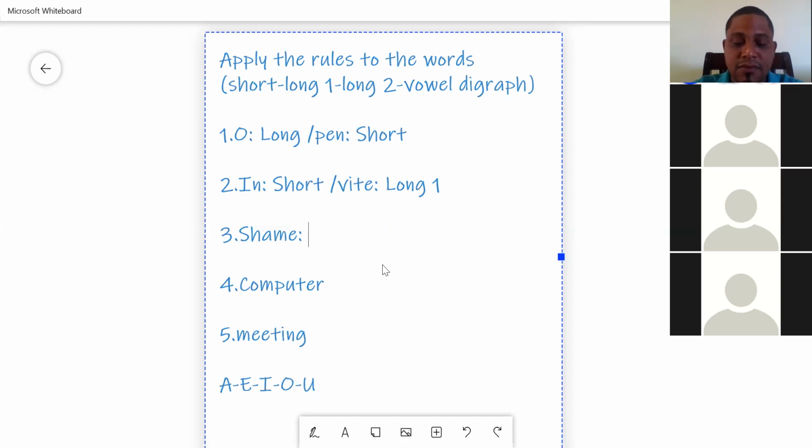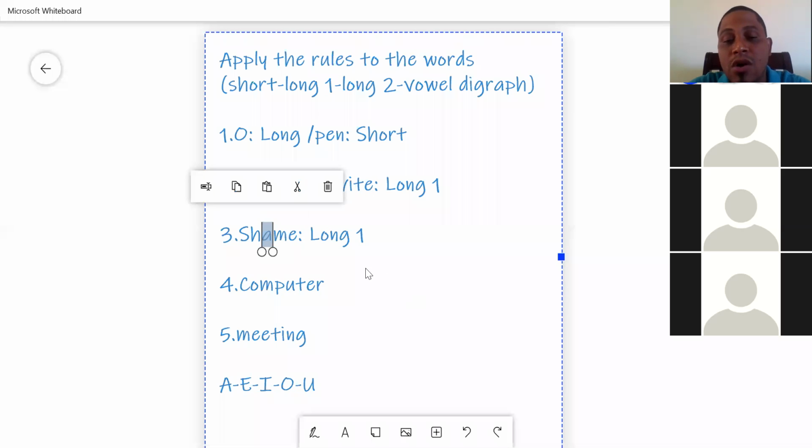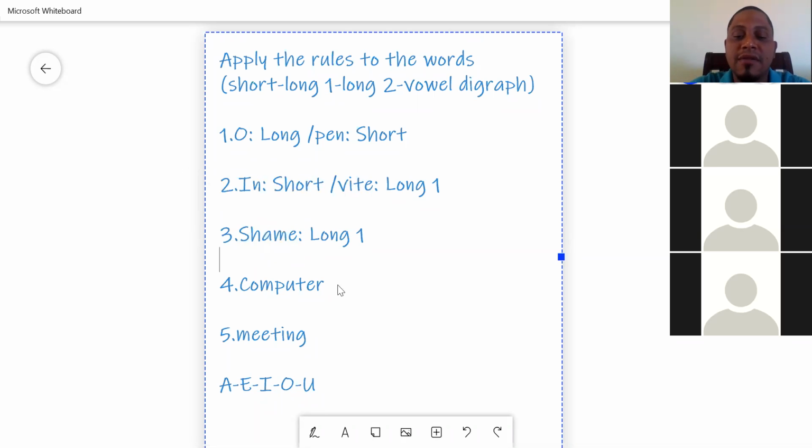Long vowel rule number 1, because this word is a monosyllable. It has only 1 syllable, right? But you have 2 vowels. So the first one sounds long and the second one doesn't sound. That's right. This sounds A and we say shame. Very good.